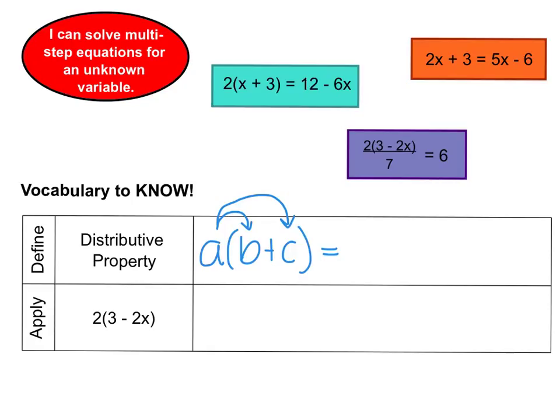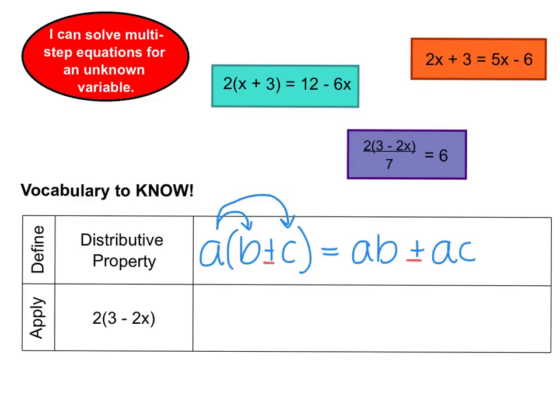So a times the quantity b plus c, or b minus c, is the same as saying a times b plus a times c. And this plus sign could also be a negative, a minus, and it works both ways. And so that's how the distributive property works, and that's all we need to know for the definition.